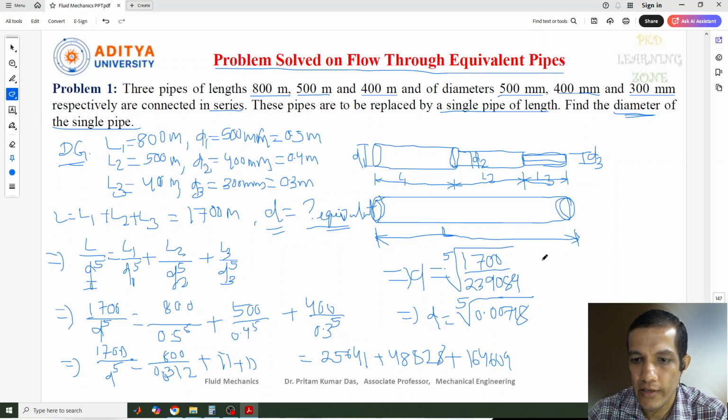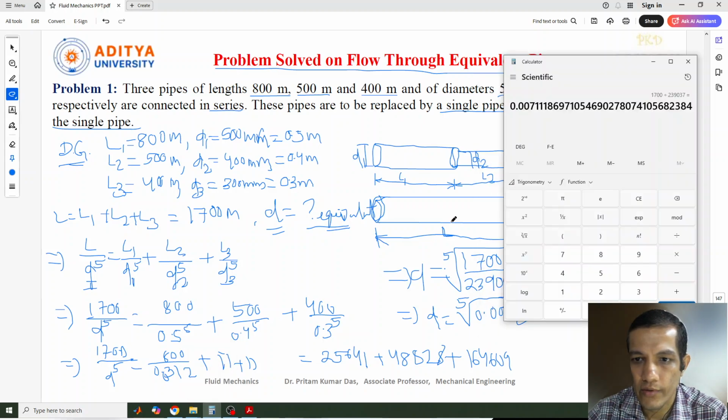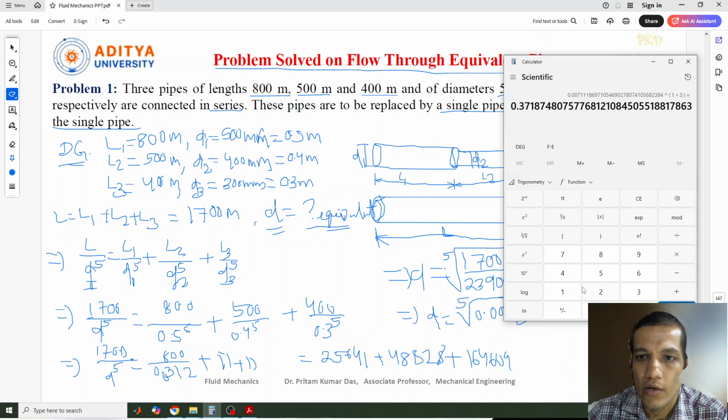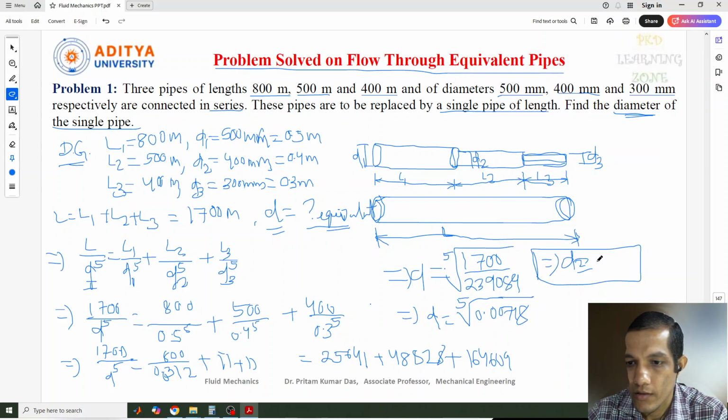Finally we need to find the D value, so D equals this to the power of 1 divided by 5, and we get 0.3718. So this is the value of the diameter.